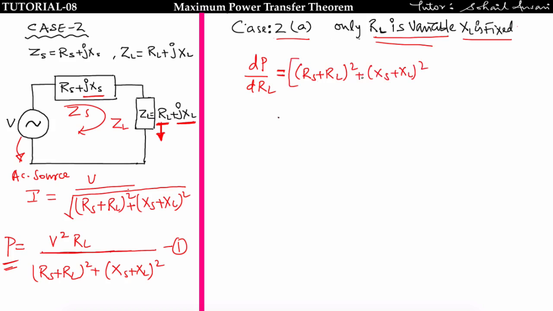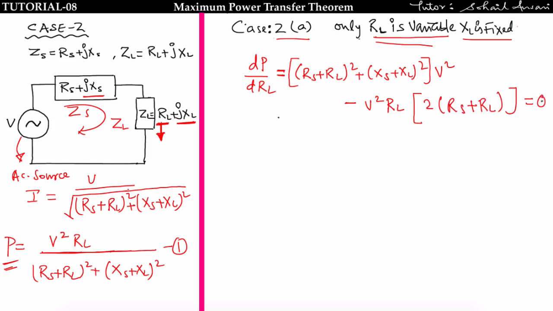this denominator, into the differentiation of first, that is U, which gives V square, minus U into the differentiation of V, that is V square into RL into the differentiation of V. This part will be 0 because it is treated as a constant, and you will get only 2 into (RS plus RL).